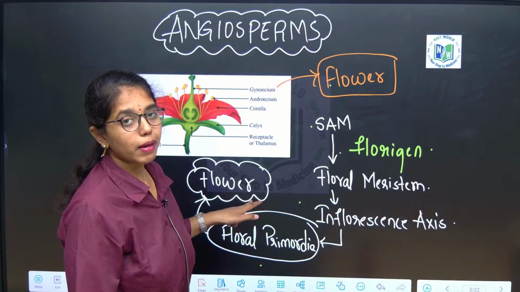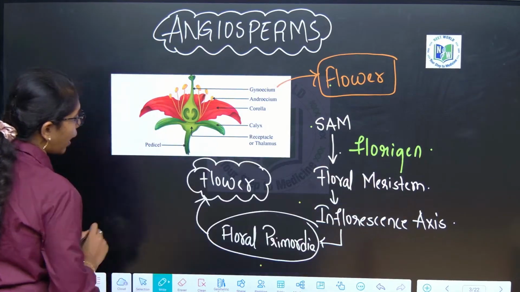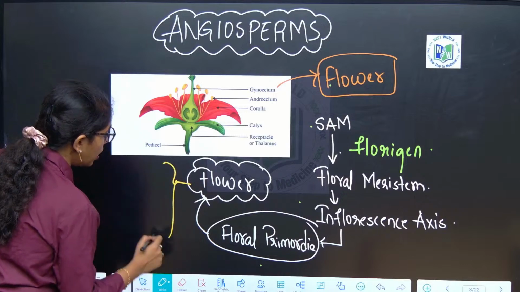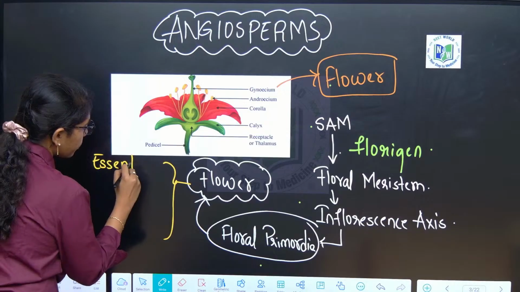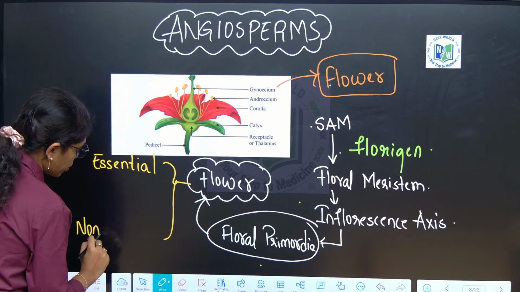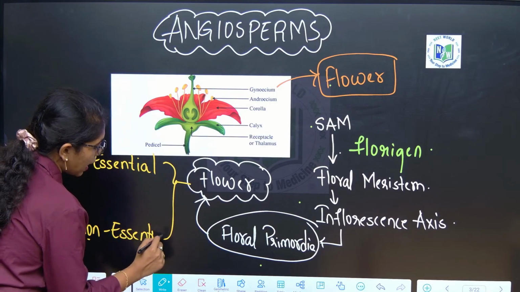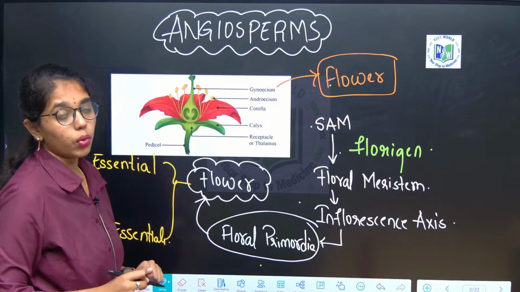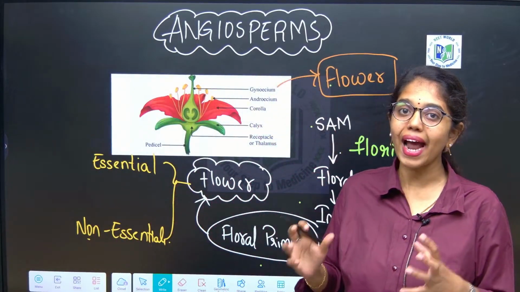In the flowers of angiosperms, you have 2 types of whorls: essential whorls and non-essential whorls. Essential whorls include both androecium and gynoecium.